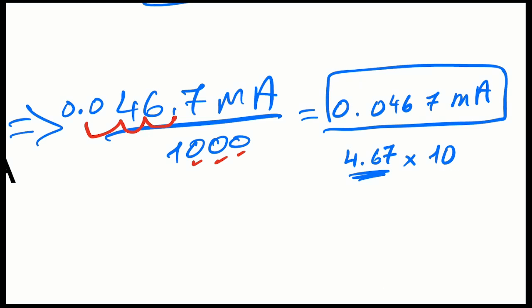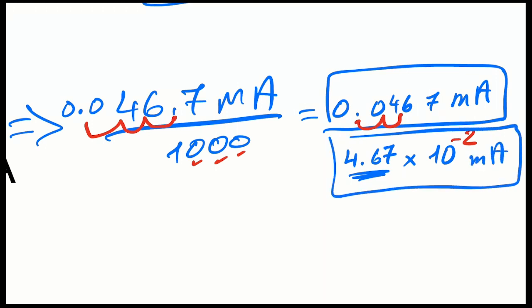Now, that power of something also can be done like this. I take the decimal point, I move it 1, 2 places to the right. If I'm moving it 2 places to the right, I say 10 to the power of -2. And that's also my milliamp. As you can see now, this is the scientific notation for it.